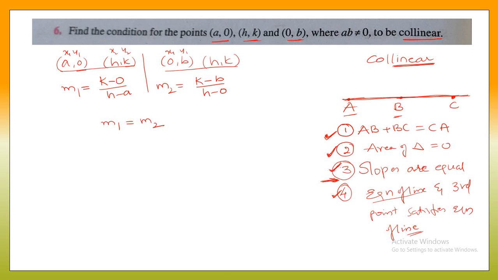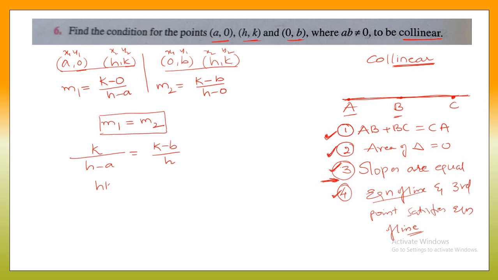Since the points are collinear, M1 is equal to M2. So clearly I can write K by H minus A is equal to K minus B by H.